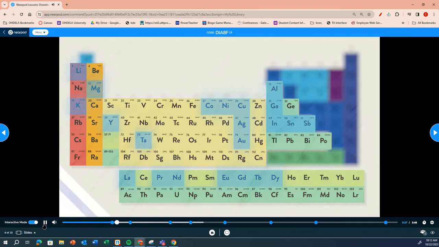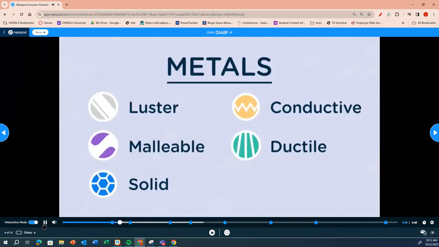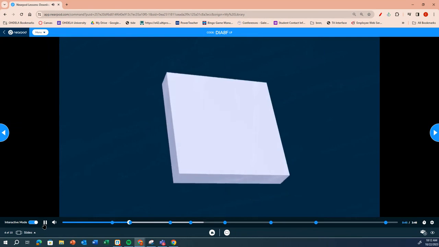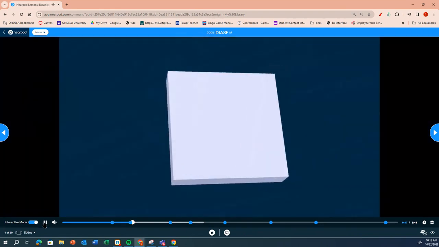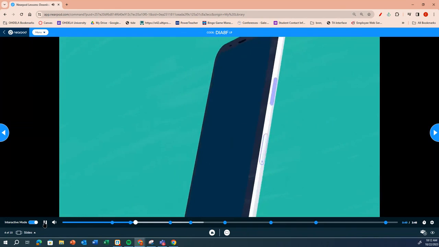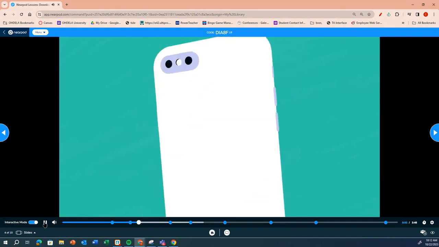Most metals share distinct physical properties that make them ideal for manufacturing smartphones. Metals have luster, which means they reflect light. Another way of thinking of reflecting light is that they shine. Smartphone designers use this property to market smartphones as a sleek and modern piece of technology.